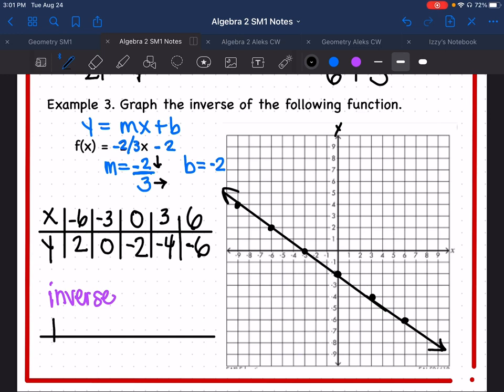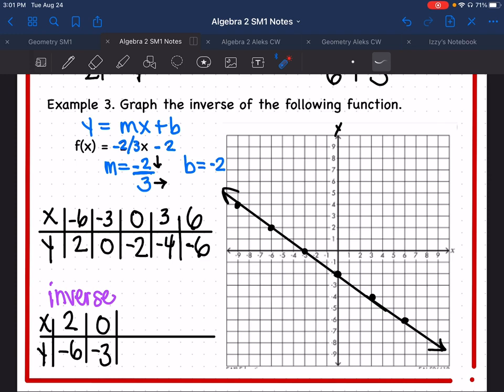I'm going to do that with my table. I'm going to keep x in the top, I'm going to keep y in the bottom, but I'm going to take this point right here, -6, 2, and switch it. So it's going to be 2, -6. I'm going to do the same thing here. I'm going to take this point, -3, 0, and switch it: 0, -3.